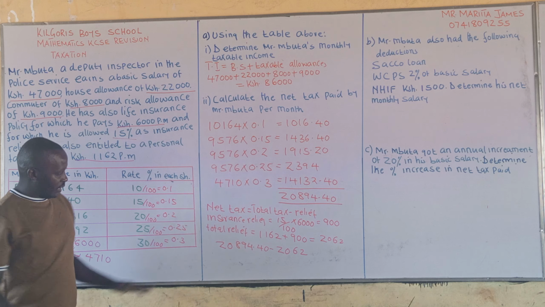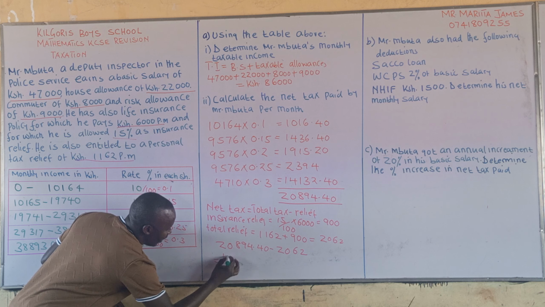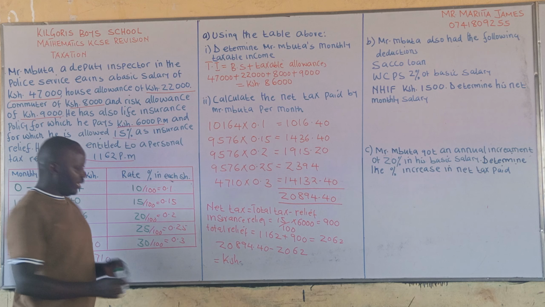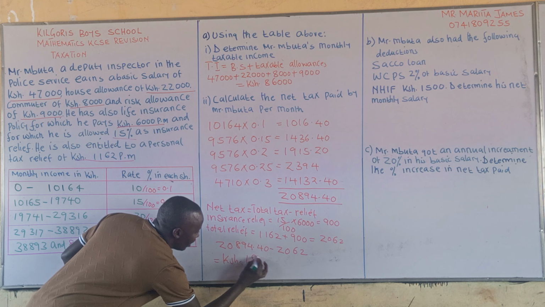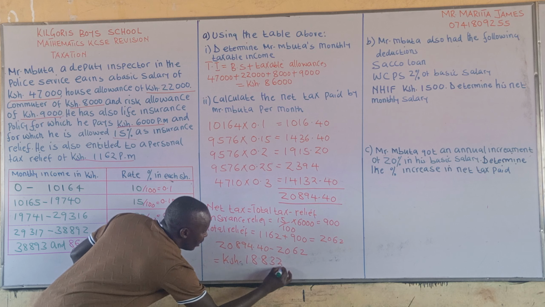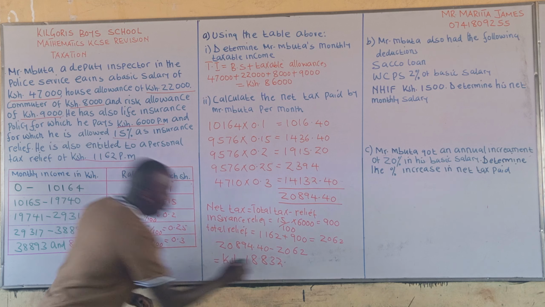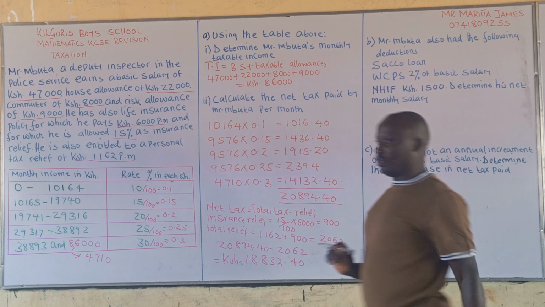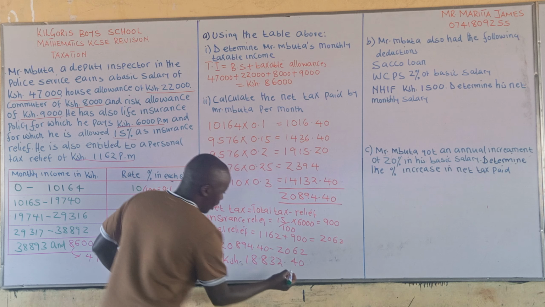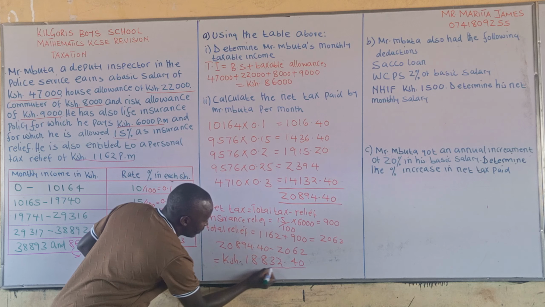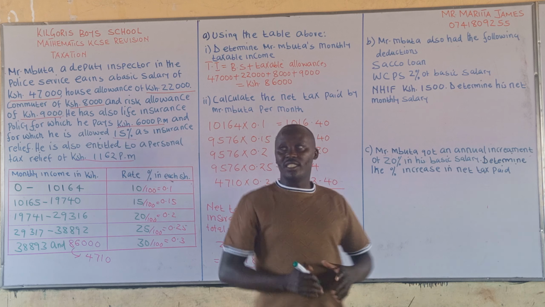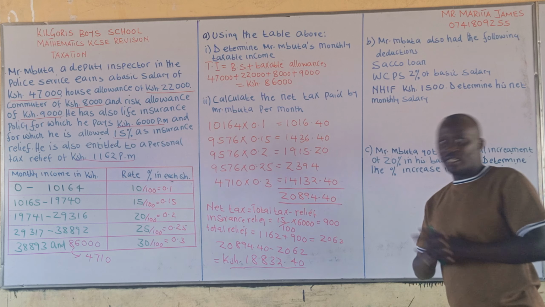So if you calculate that, you get the net tax in Kenya shillings, which is equivalent to 18,832 and 40 cents. This is the net tax paid by Mr. Mbutai.